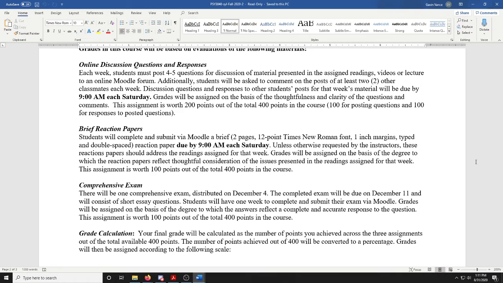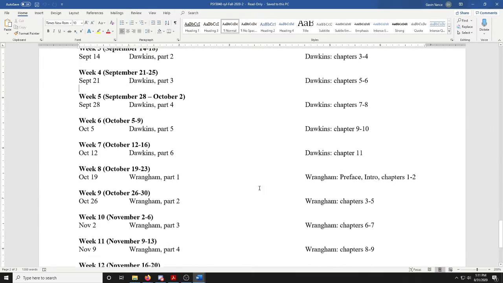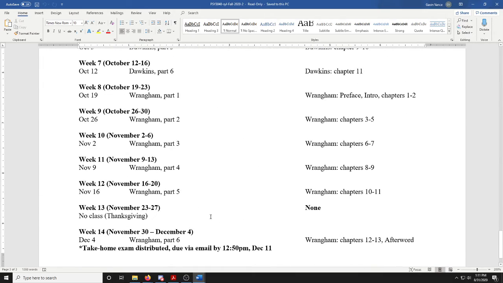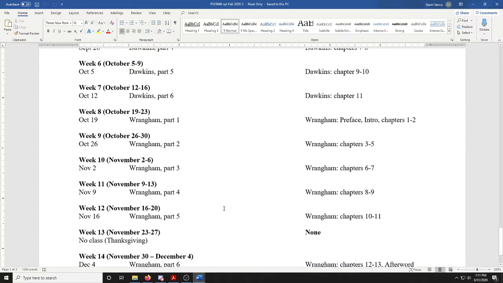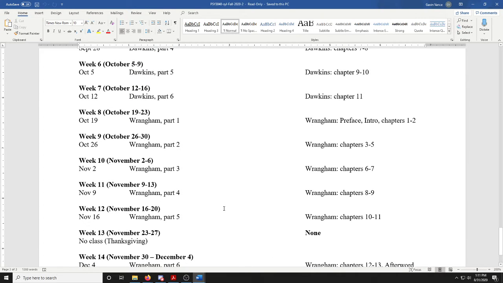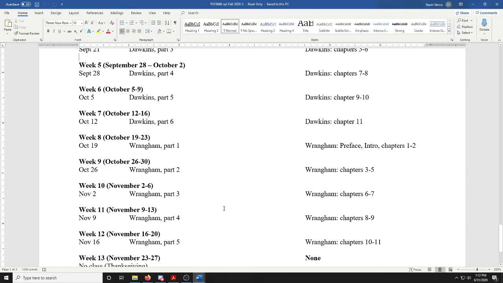So, that one exception I mentioned: Oakland has, this feels like a new thing this fall, because I really don't recall having a fall break. At any rate, we do have a fall break, and it falls during the week of October 12th through the 16th, week 7.